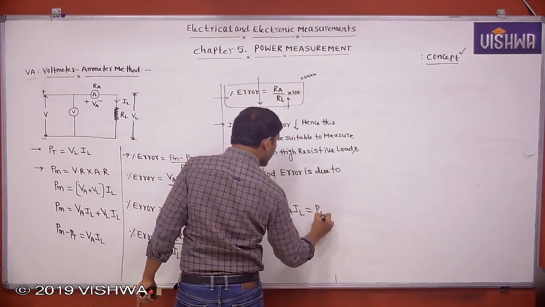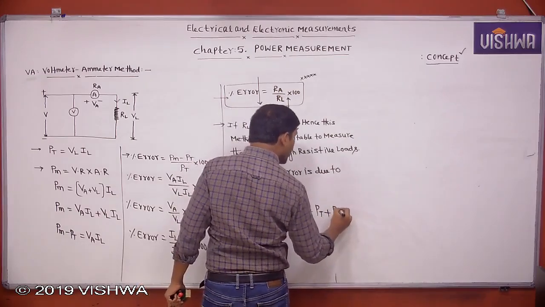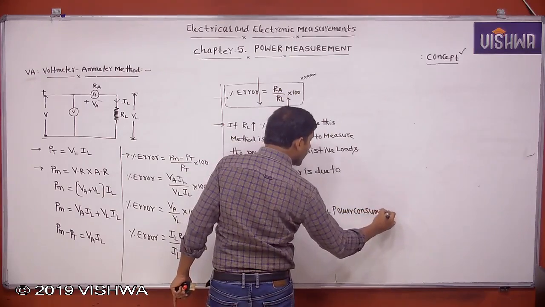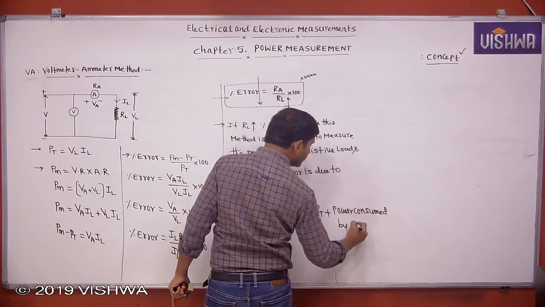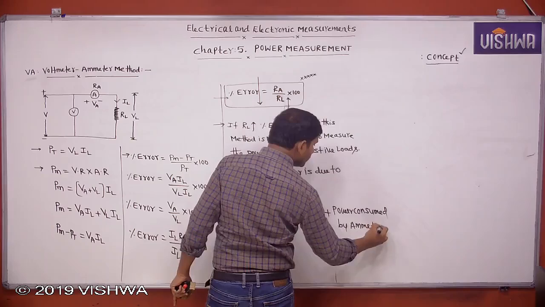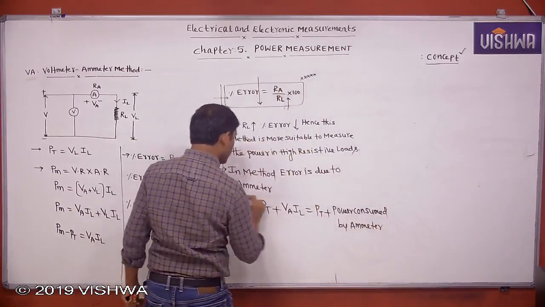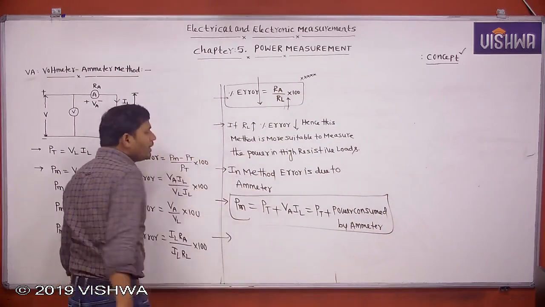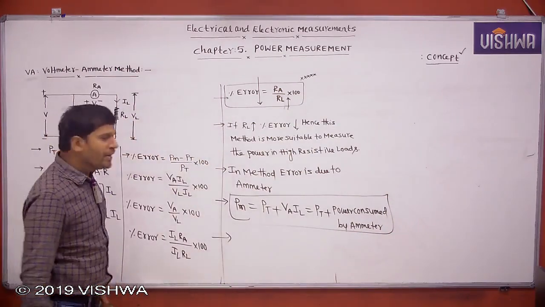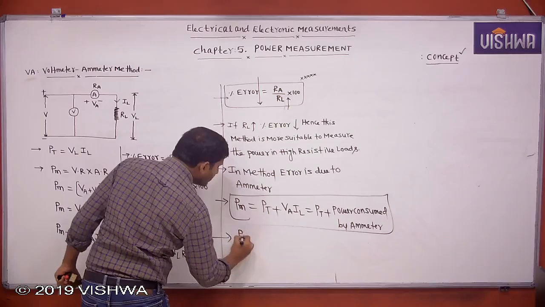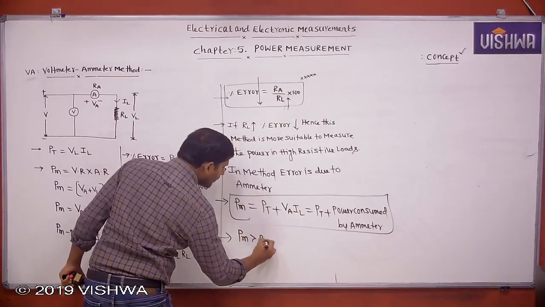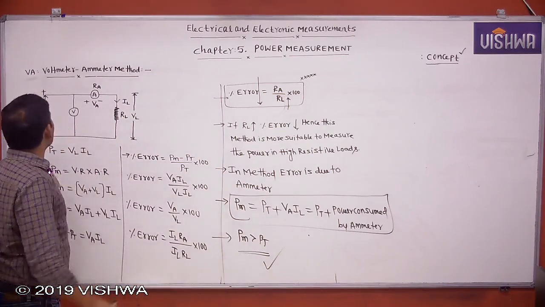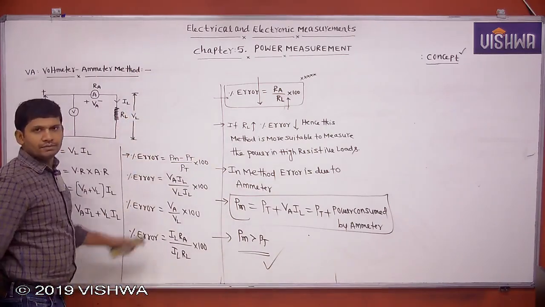So measured power equals true power plus power consumed by ammeter, which means measured power is greater than true power. Okay, this is the analysis of the voltmeter and ammeter method. Quickly note down.